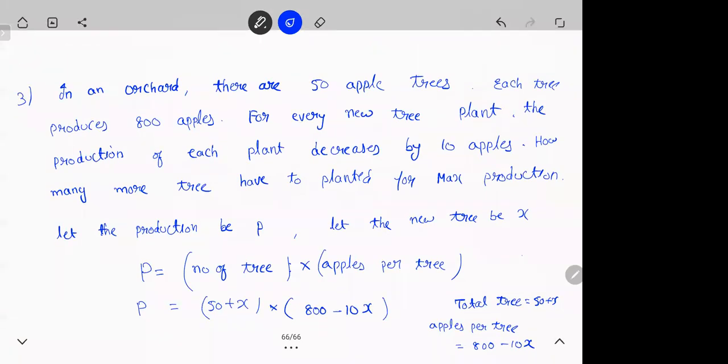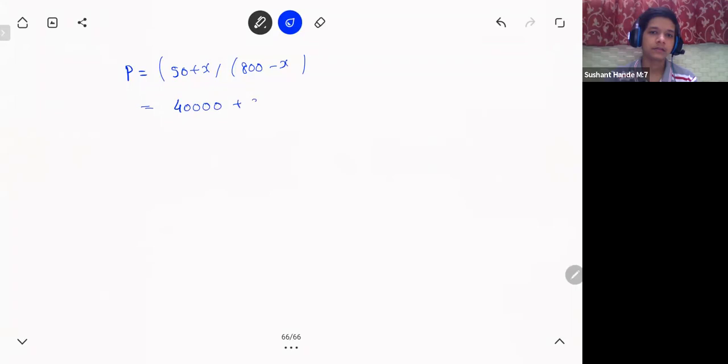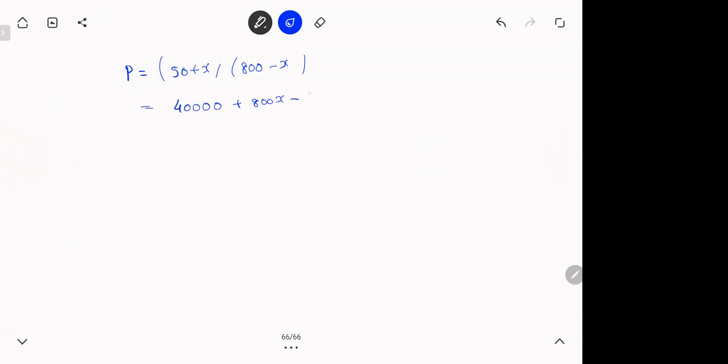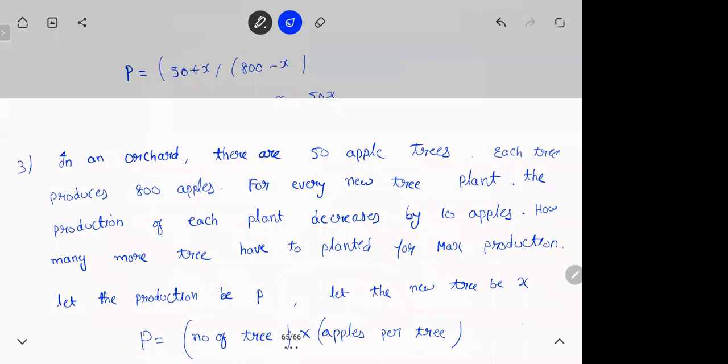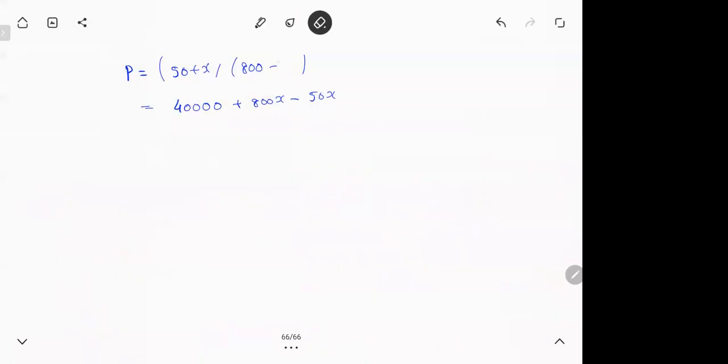So P will be, I'll write that again, 50 plus X into 800 minus 10X. Multiply: 40,000 plus 800X minus 500X minus 10X square.